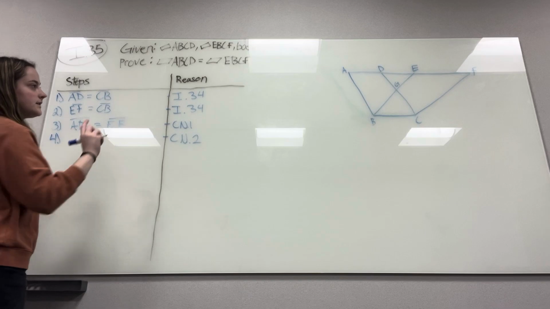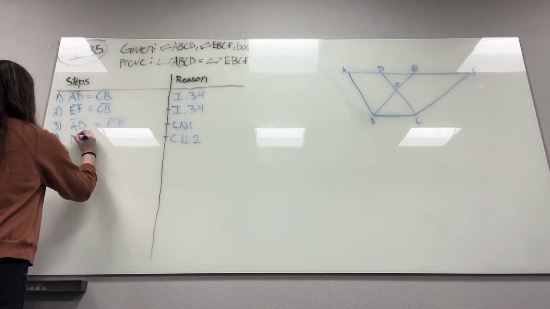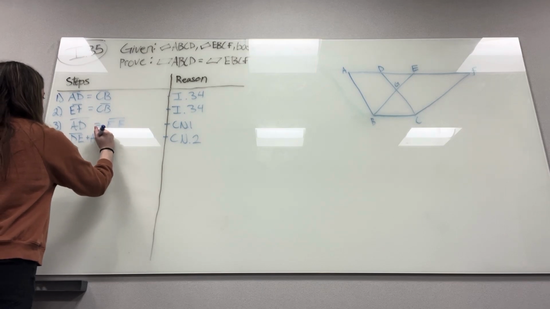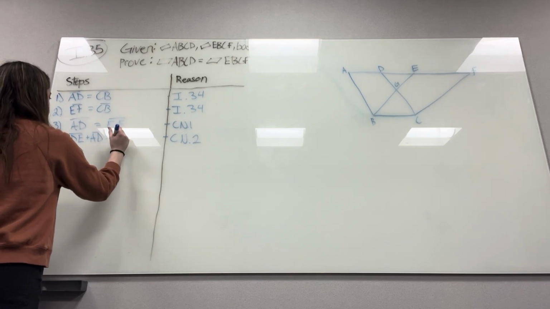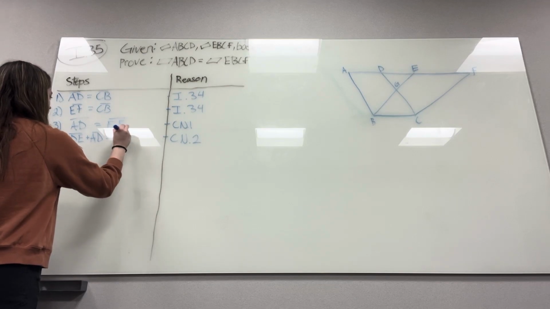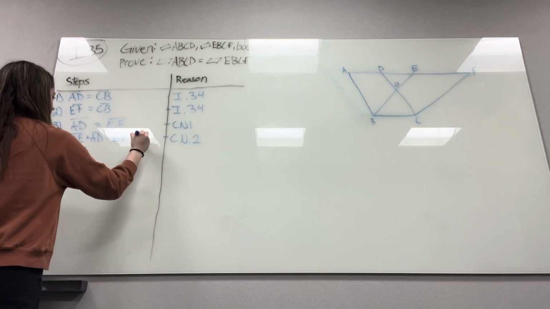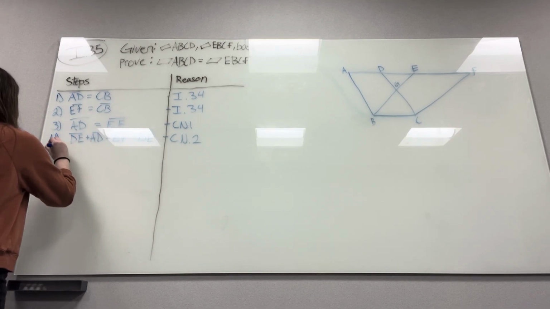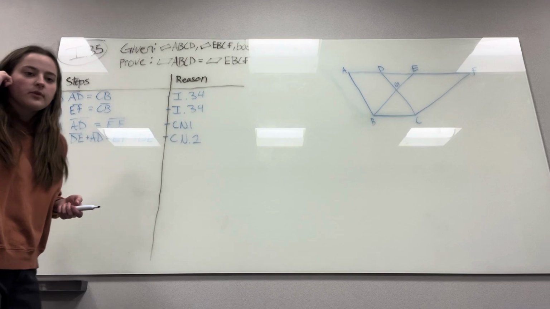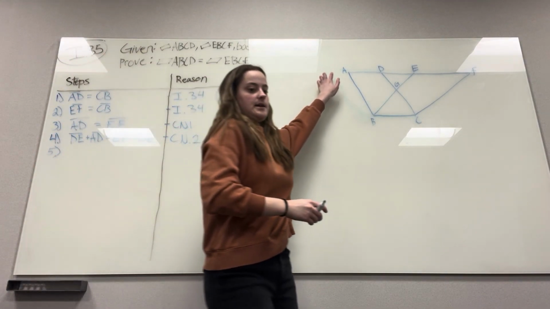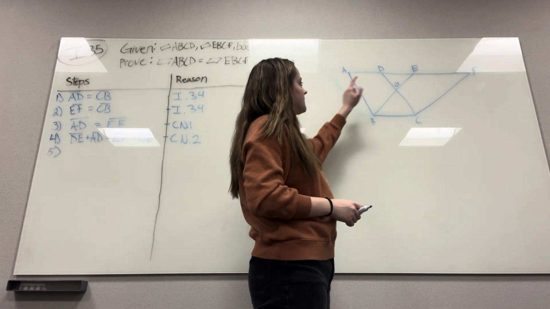So we're going to say DE plus AD equals EF plus DE. Okay, and for our 5th step, we're going to say that AE is equal to DF.